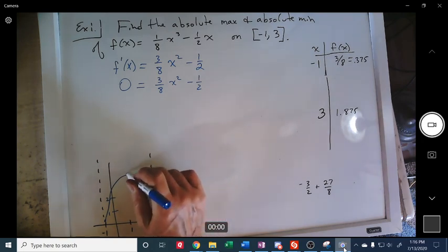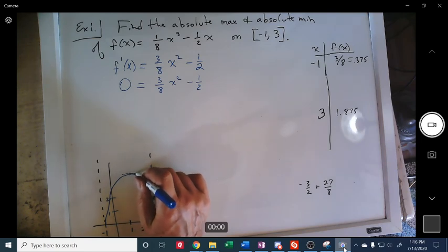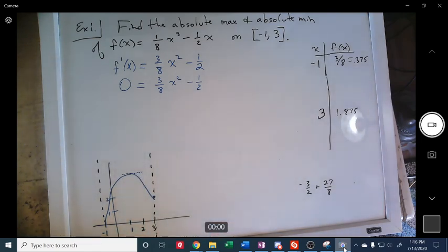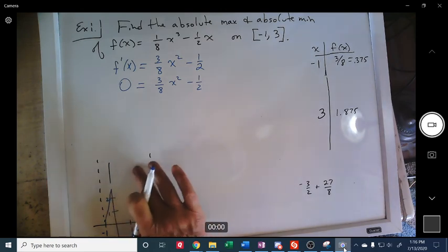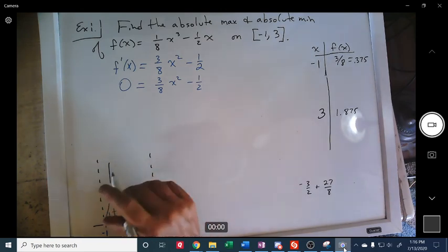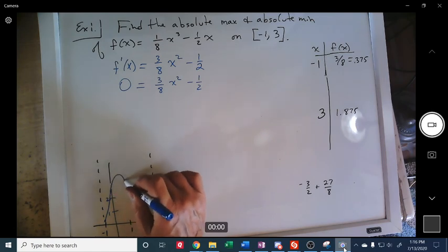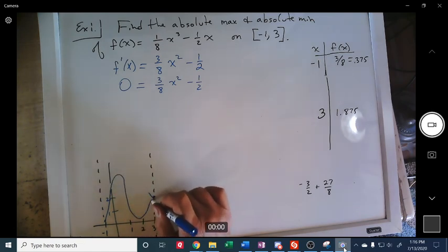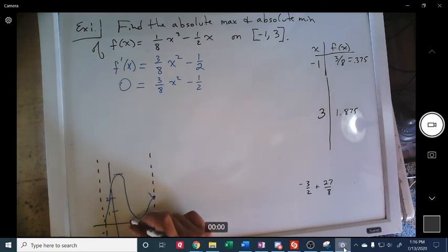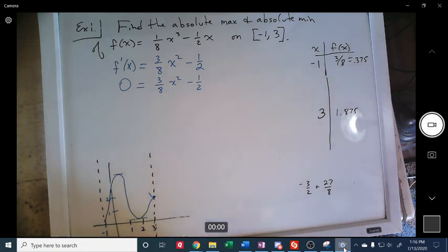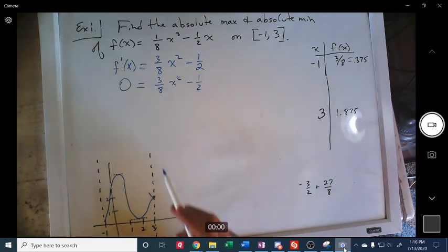This point right here would be where the derivative was 0, and that would be the highest point. Or, if it went up and down and up, it would find all such points where the derivative is 0.